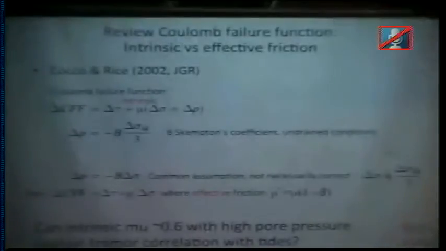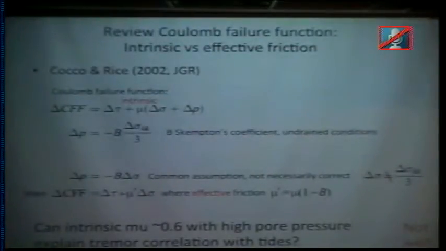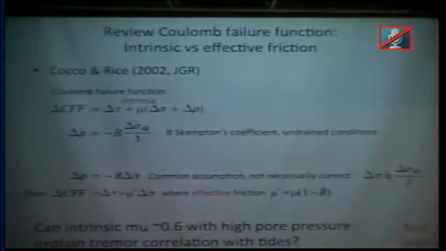Yes, a Skempton coefficient, which is a good, as you explained, approximation to quantify what would be the change in pore pressure in undrained conditions, depends on the confining pressure change, not the normal to a surface stress. So we're talking about stress changes producing pore pressure changes.